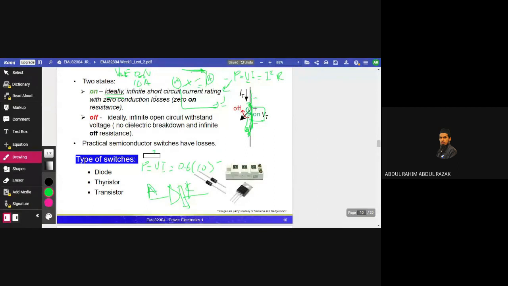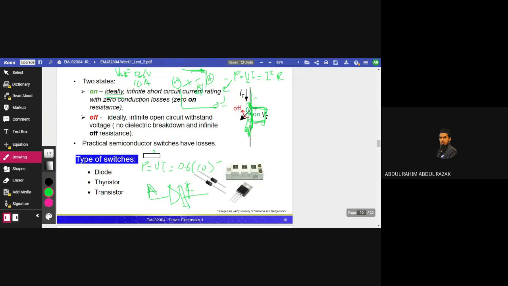So there will be an infinite short circuit current with zero connection loss, which means there is no resistance. This is an ideal consideration for the time being. For the on state of the switch, there will be an infinite short circuit, meaning no resistance at the switch.